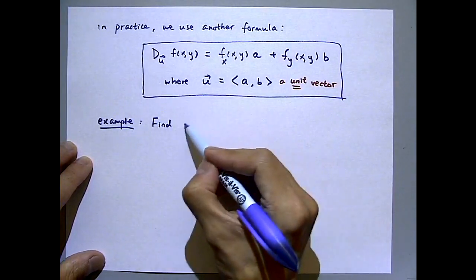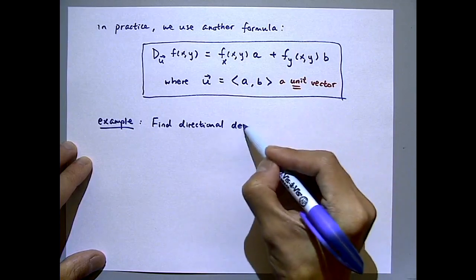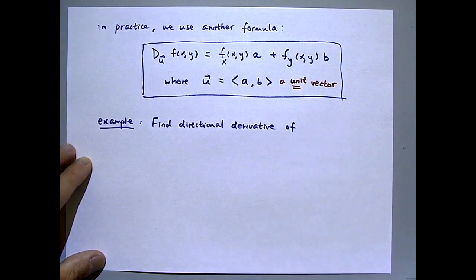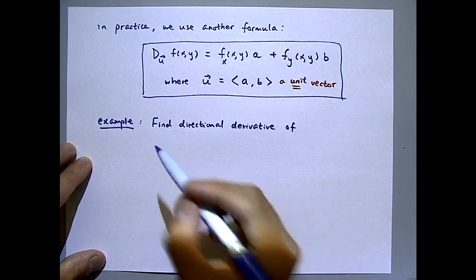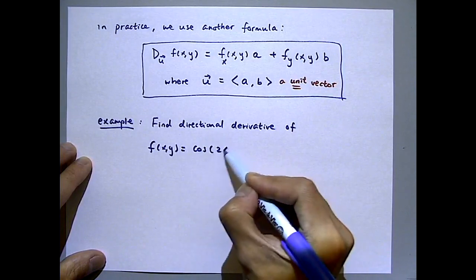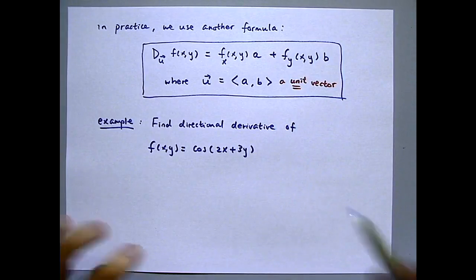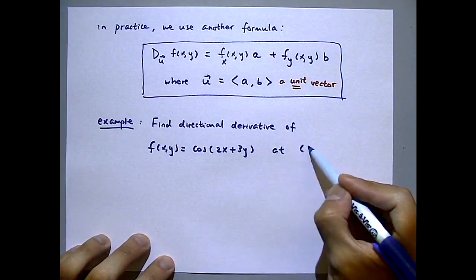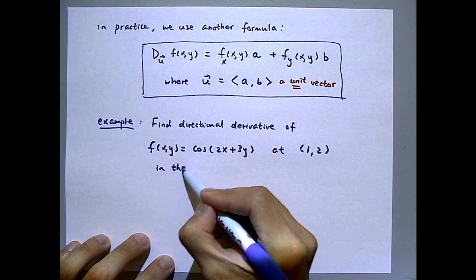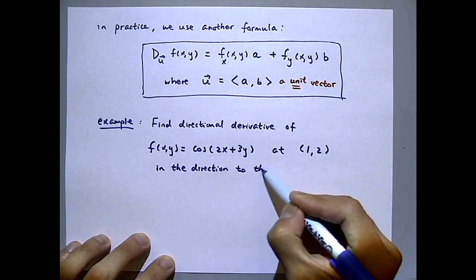Let's find the directional derivative of f of x, y equals cosine of 2x plus 3y at the point 1, 2 in the direction to the origin.